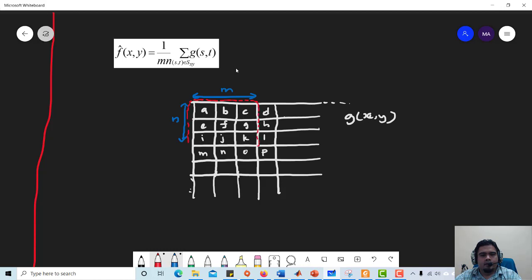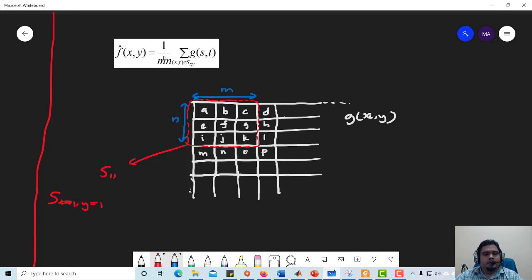That is your S x y, but for this case it is not just S x y, this one is S 1 1, meaning x equal to 1 and y equal to 1.